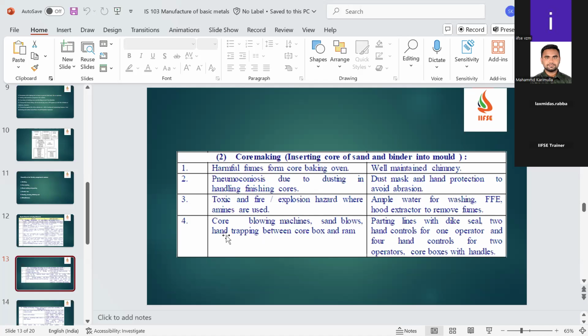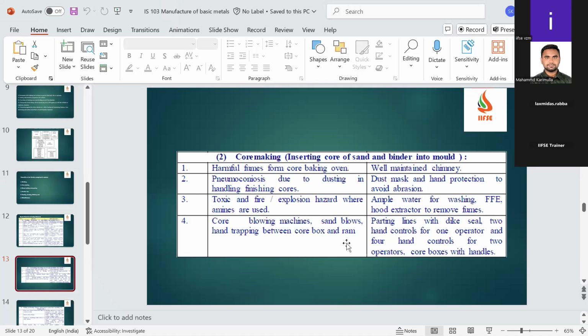Some companies have advanced technologies where they use air pressure to create the cores within the mold itself. That is the core blow machine; some machines use sand and pressure air to create the cores.